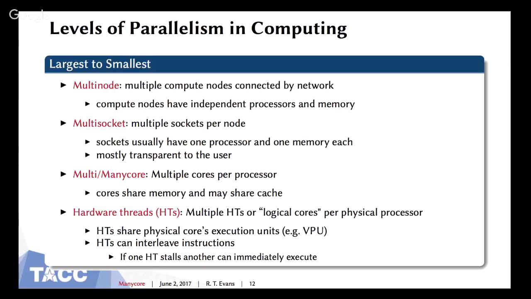Okay, so I'll go on. The next level of hierarchy we have of this parallelism is multiple cores per processor or CPU. Where does your thread of execution run on these cores? In general, we run the Linux operating system.